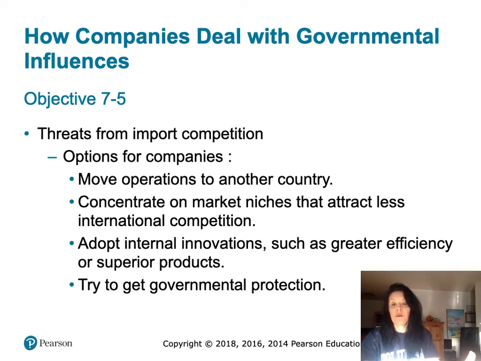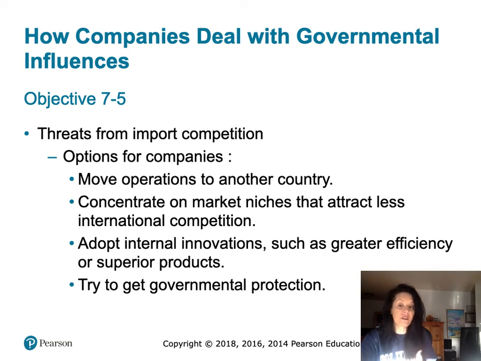Sometimes firms prepare for changes in the competitive environment. They do not particularly seek any assistance. It's just that they prepare very wisely for some of the changes in the environment. Companies can take different approaches to deal with changes in the international competition environment.